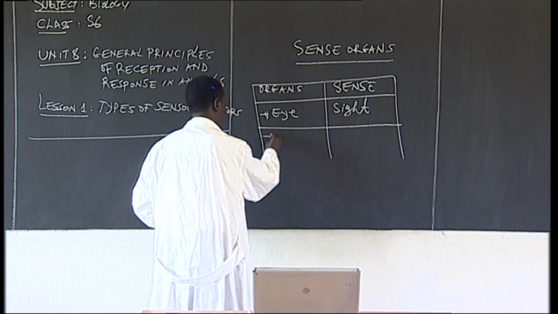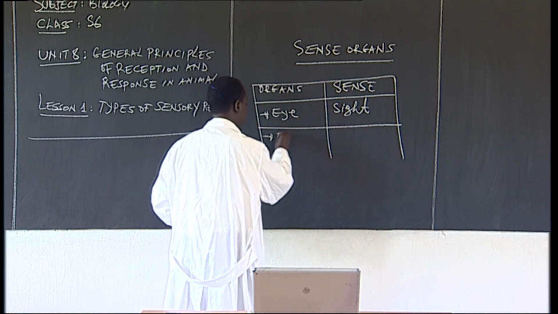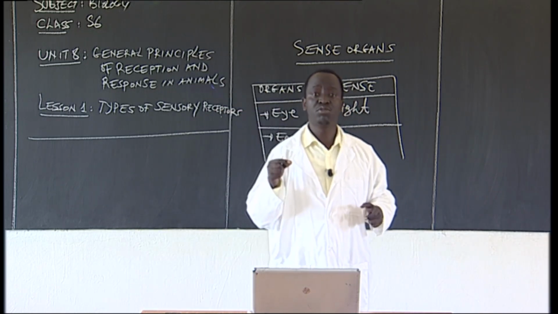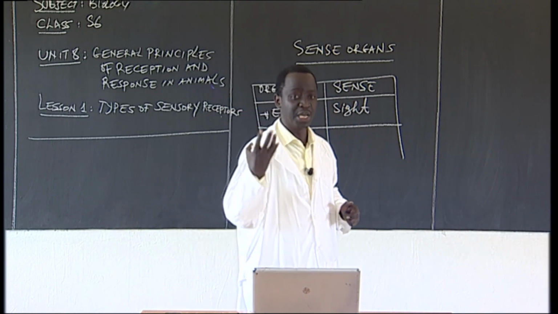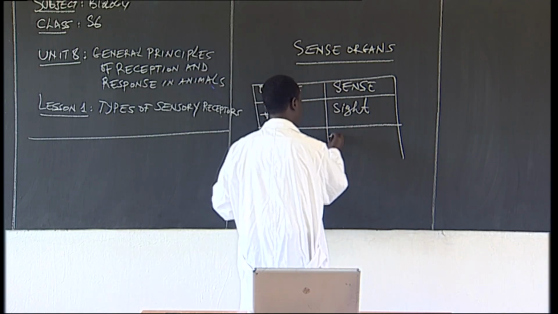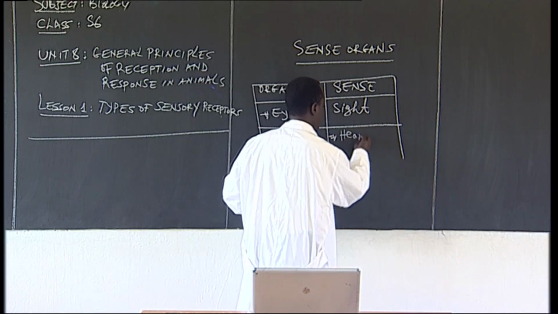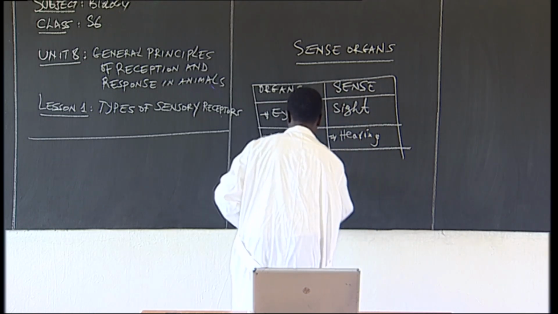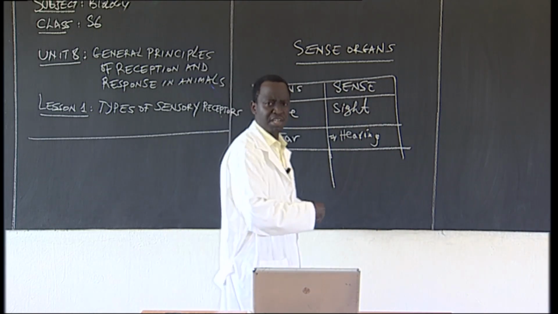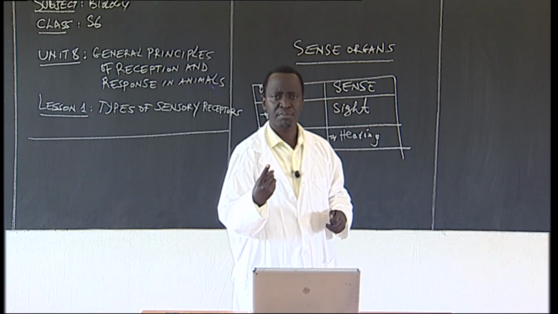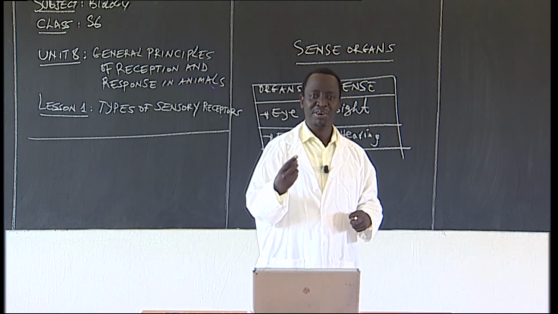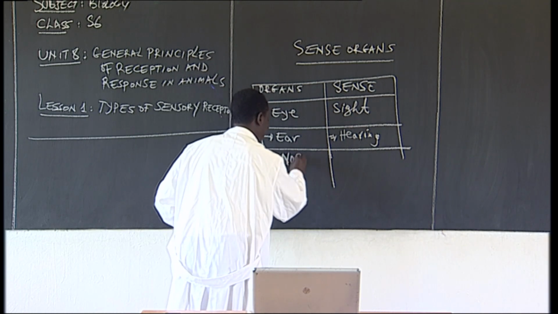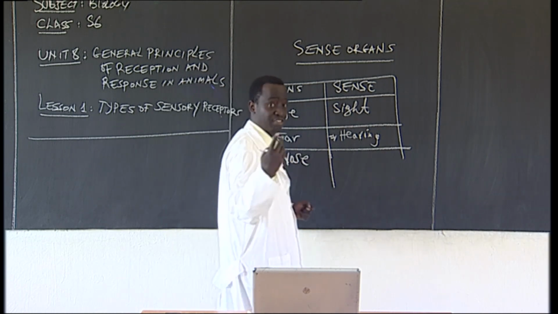Another sense organ is the ear. What does the ear help us to do? It is for hearing. It helps us to hear different sounds. What other sense organ do you know? Oh, the nose. Yes, the nose is a sense organ.